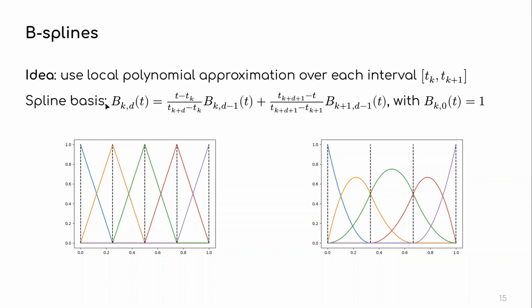For example, this is using d equal to 2, which is going to give me up to linear functions. And so in this case, you can see my first function is 1 here, and then linearly goes to 0 at the next one. The second function goes from 0 to 1 linearly as well. So actually these would be doing just linear interpolation, right?